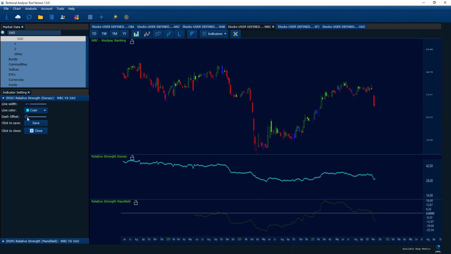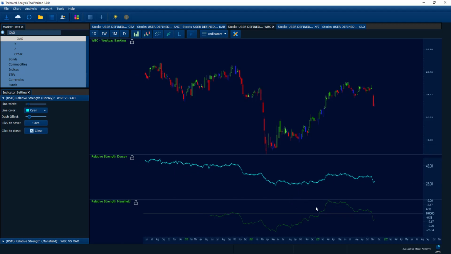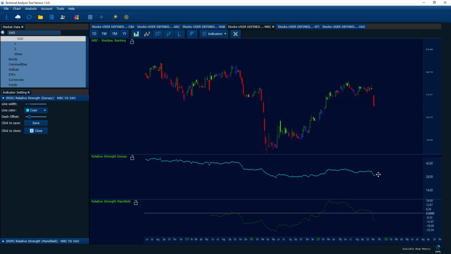That's all. Very simple. The Dorsey RSD is actually a line chart. It starts from 0 to somewhere, depending on the underlying data.